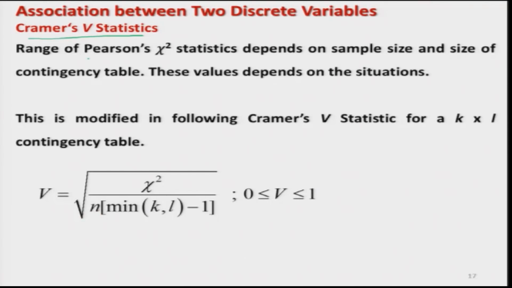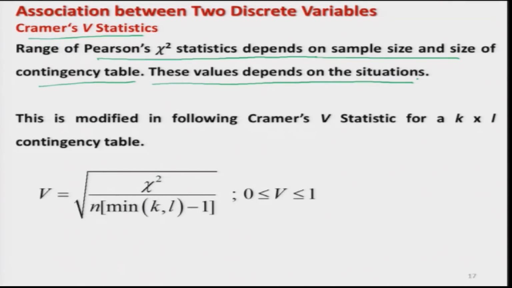Since the range of the Pearson chi-square statistic depends on the sample size and the size of the contingency table, these values depend on the situation, that is, the number of rows and the number of columns and so on. So, this issue was solved and a modified version of the Pearson chi-square statistic was presented as Cramer's V statistic for a K cross L contingency table, for the same table.